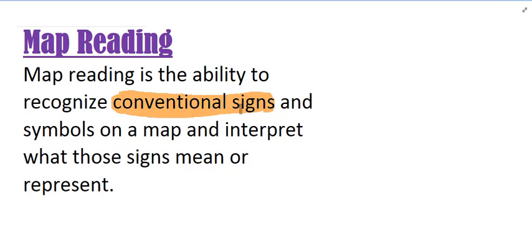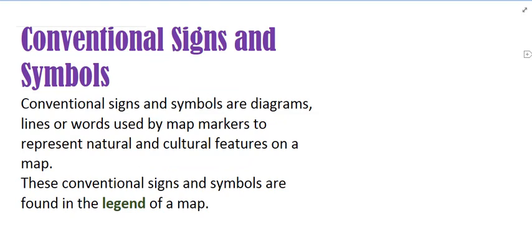Okay, and for us to be able to read a map, we need to understand what conventional signs are. Conventional signs and symbols are diagrams. They could be diagrams, lines or words used by map makers to represent natural and cultural features on a map. I'm going to talk about the natural and cultural features just in a moment, but before we continue, let me talk about the lines and all that.